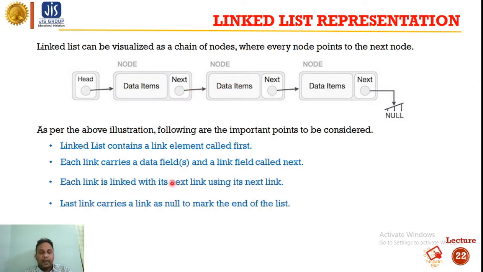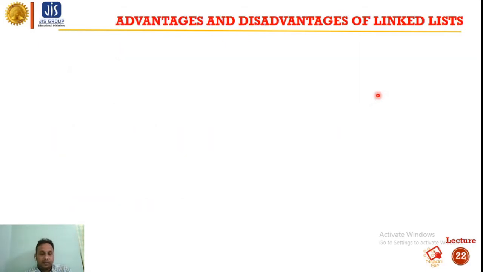The last link carries a link as null to mark the end of the list. As you can see, how can you understand where the linked list ends? If we find that there is a null in the next part of any node, we can conclude that this is the last node.